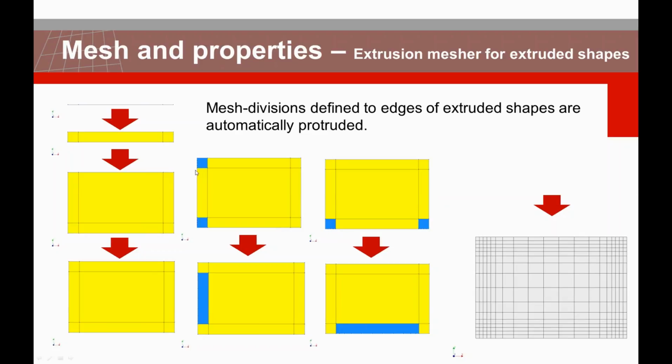So for instance, here I only assign seed here and here at these two corners of these blue rectangles, here I only assign here. Likewise, I only assign at the bottom and these two, and here in the middle. By having seeds only on these small edges, the program automatically maps and generates the extruded mesh for my final product.